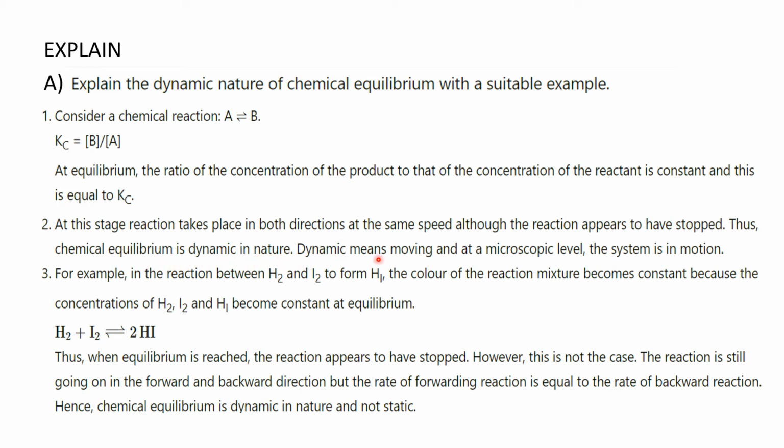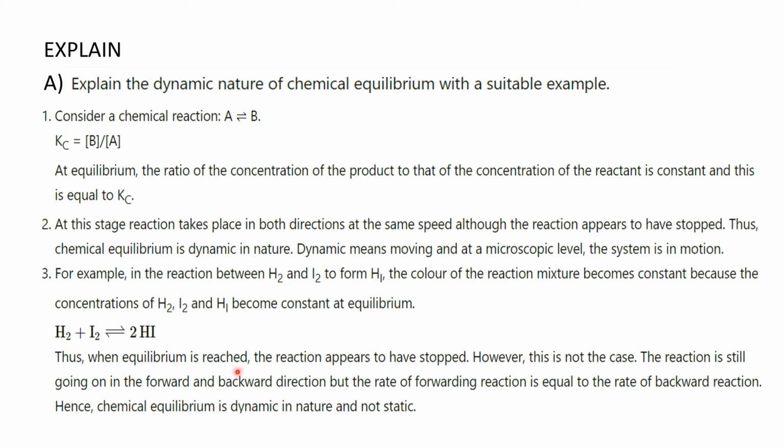Dynamic means moving and at a microscopic level, the system is in motion. For example, in the reaction between H2 and I2 to form HI, the color of the reaction mixture becomes constant because the concentration of H2, I2 and HI become constant at equilibrium. H2 plus I2 gives 2HI.